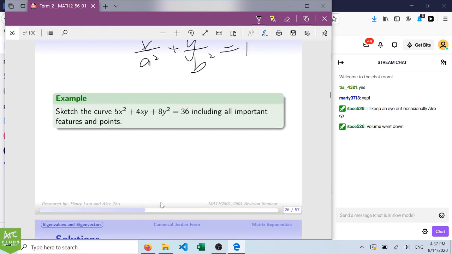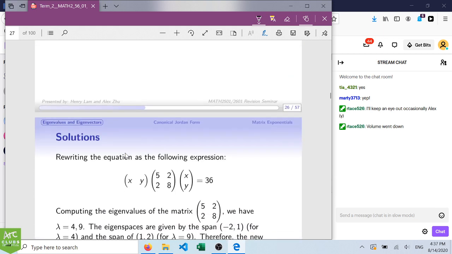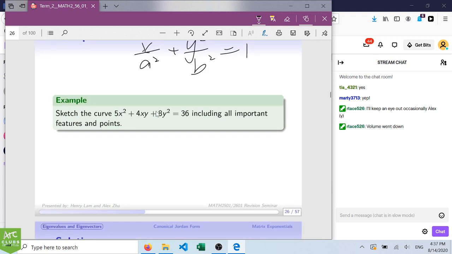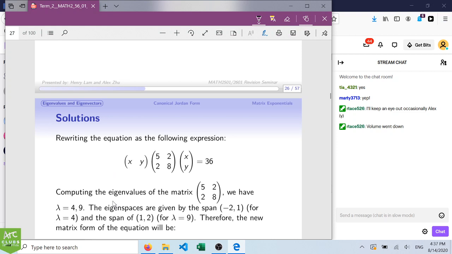It's kind of like a dot product, but for a vector and a matrix inside. So this is 5x squared plus 4xy plus 8y squared, all right, and this equals 36.